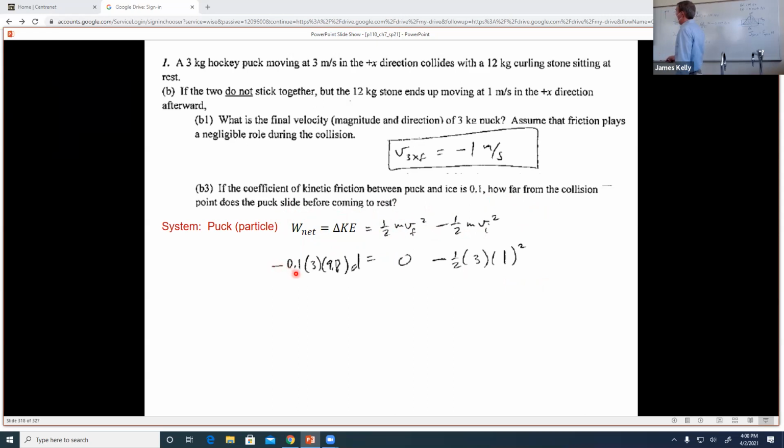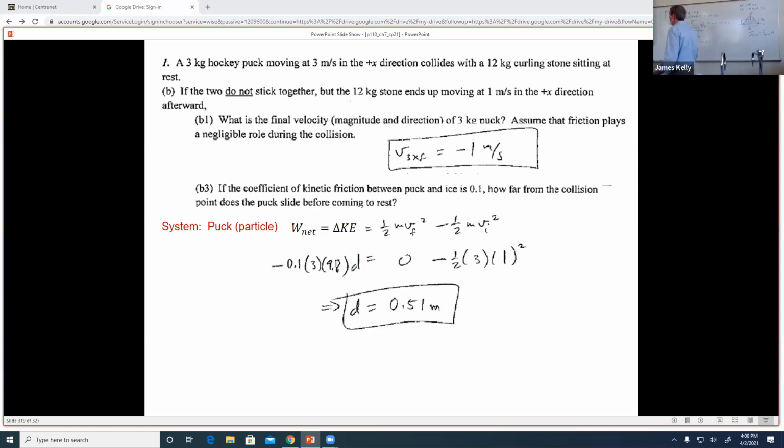We've got the coefficient of kinetic friction times the normal force, and the normal force balances out mg for the puck, right? So this is the kinetic friction x component, that's negative, times the distance it slides. That's fx times delta x. And that delta x, I'm calling d here, that's what we want to solve for.